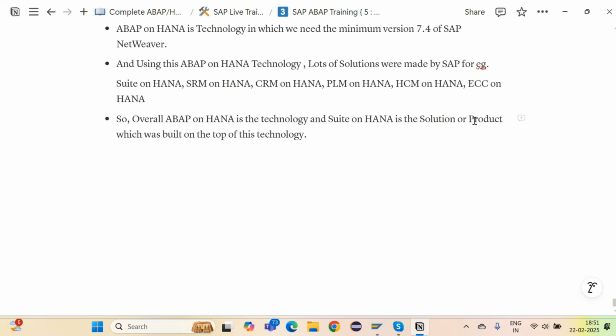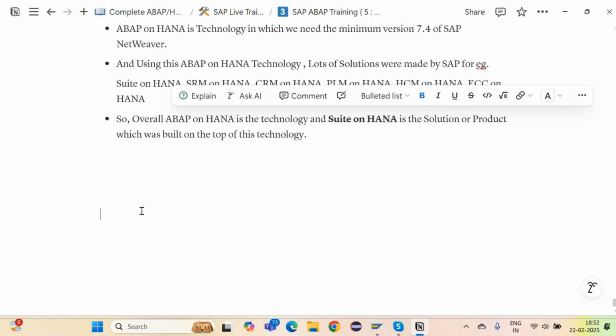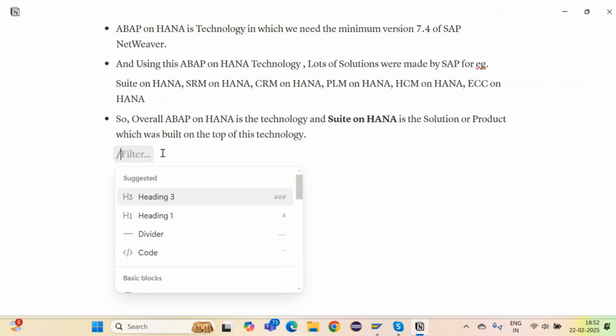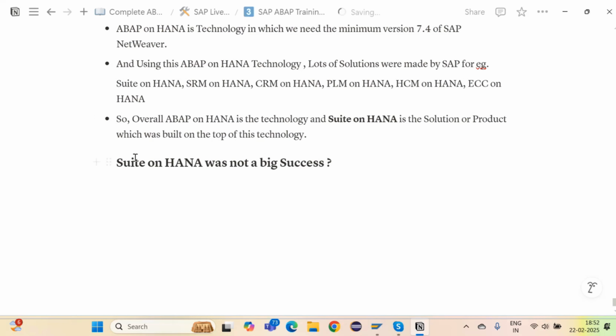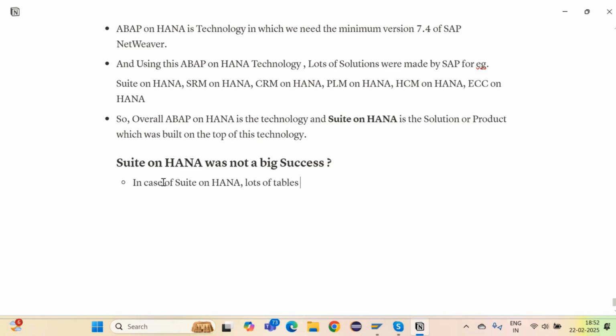But over the period of time, SAP realized that Suite on HANA was not a big success. This was not a good product. Why? In case of Suite on HANA, lots of tables were still following the row store concept.